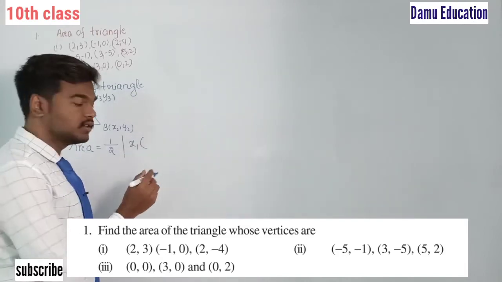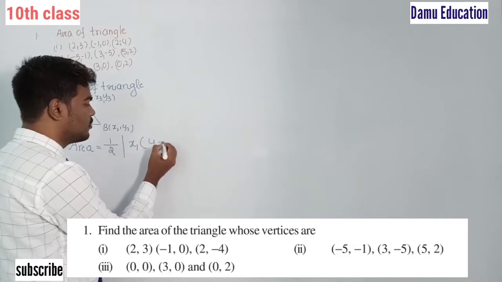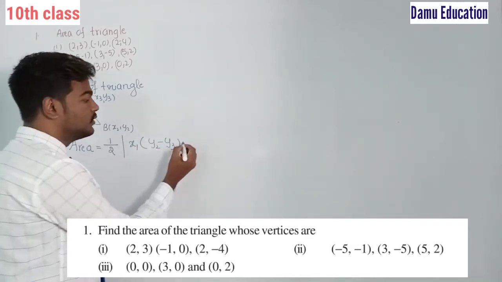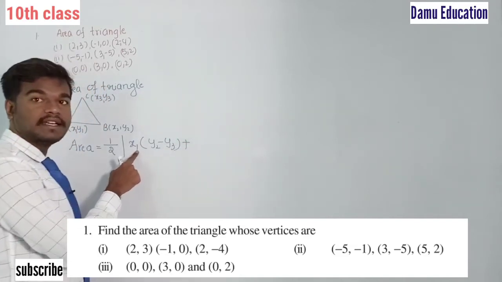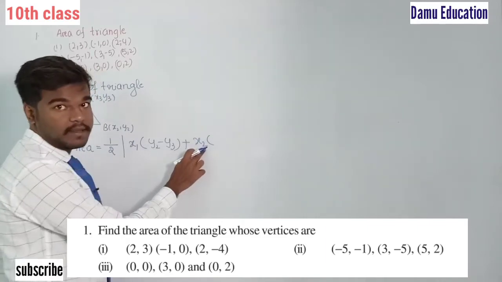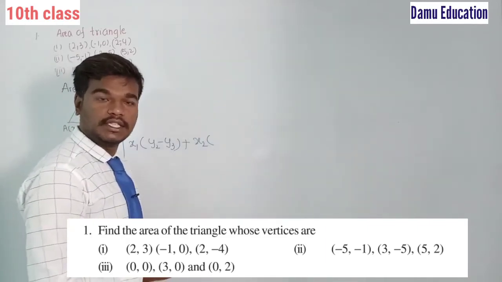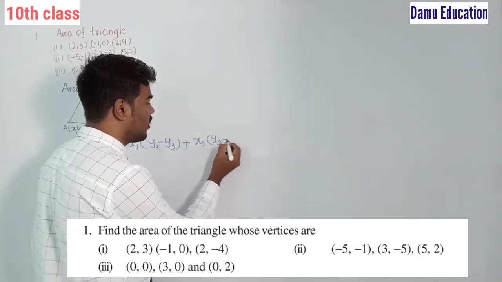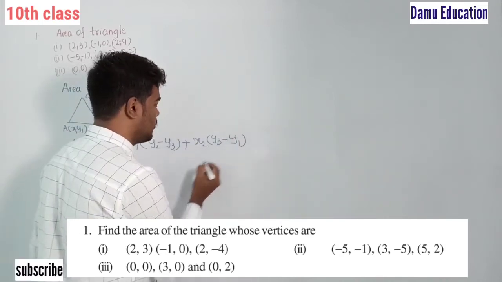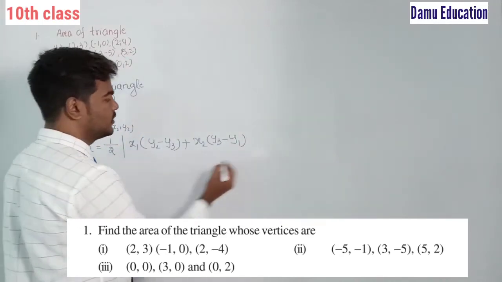So 1 after y2 minus y3, so 2 after 3. Then plus x2 into, here 2 came, right? After 2, we will get 3, that is y3, and after 3 we will get 1, for that y1.